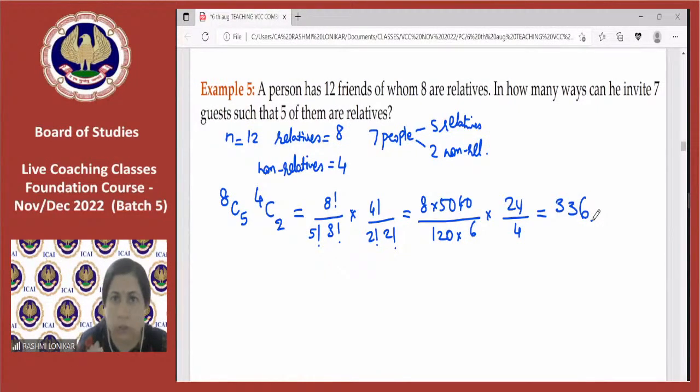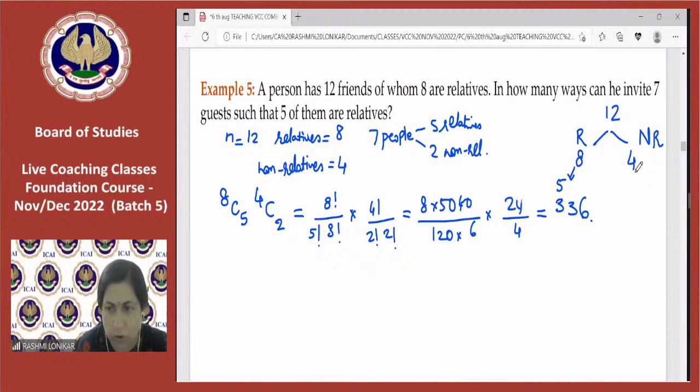Right. So what do I have? 12 people. Out of these 12 people, 8 are my relatives, 4 are non-relatives. Out of these 8 relatives, I have to select 5. Out of them, how many will there be there? 7 minus 5, because total people he wants to invite for the party are only 7.